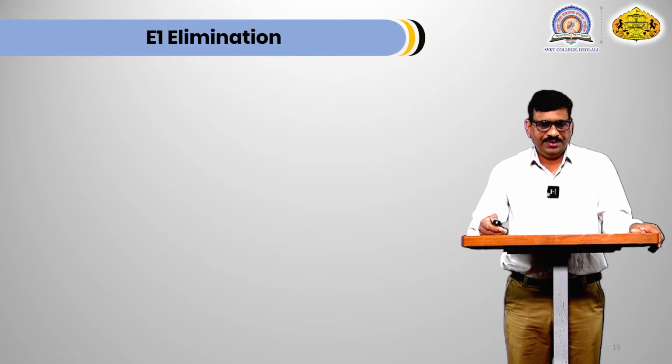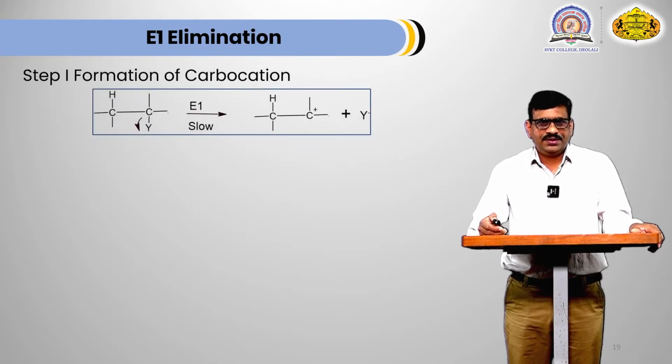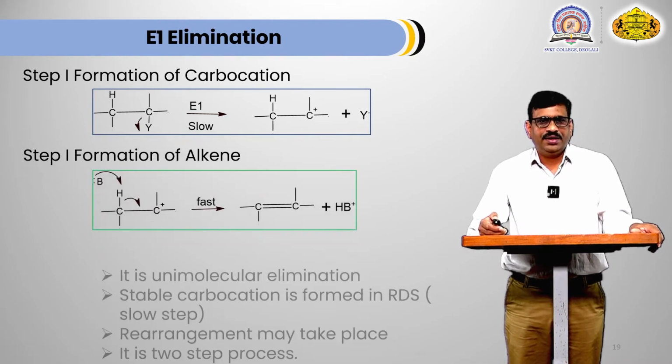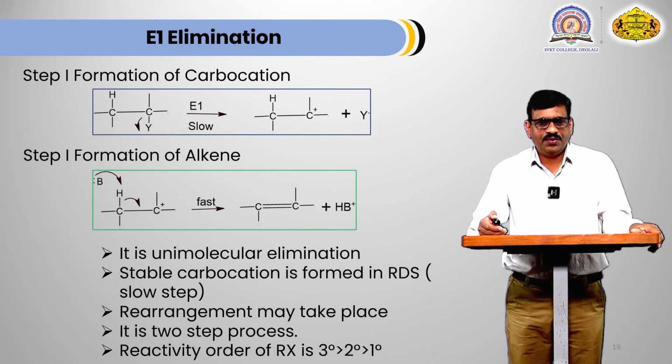Now E1 elimination. This is an example of E1 elimination. E1 elimination is unimolecular elimination. The rate of reaction depends upon the concentration of substrate only. The concentration of base does not affect the rate of the reaction.